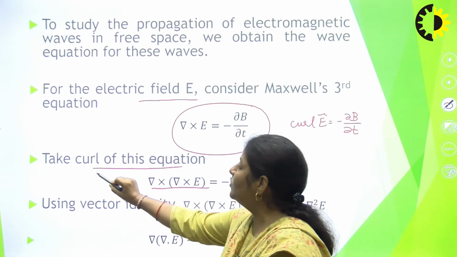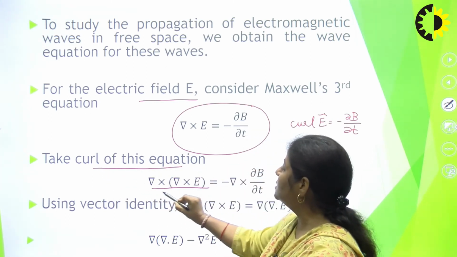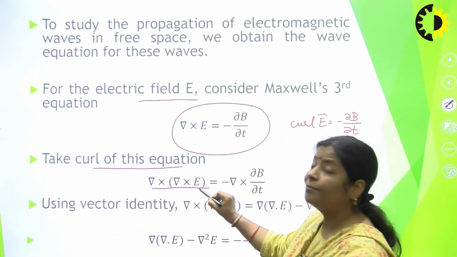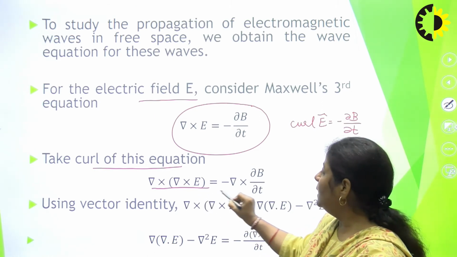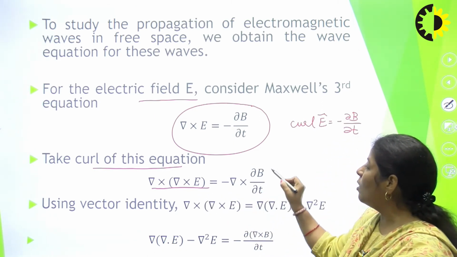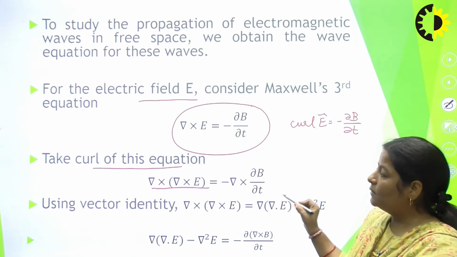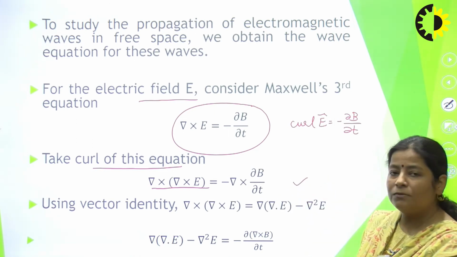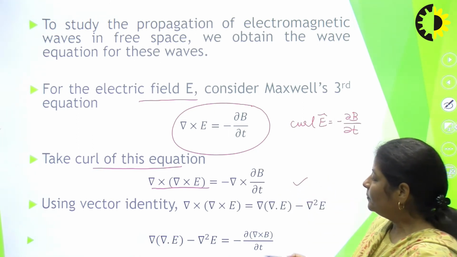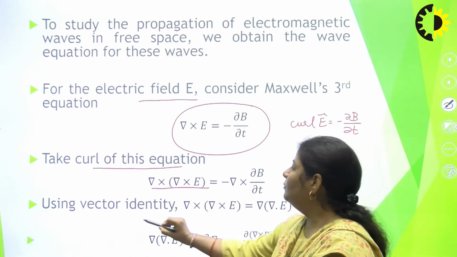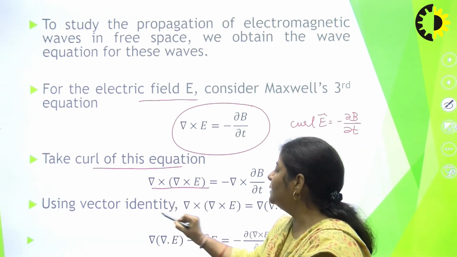Now, the next step: we take the curl of this equation. So it becomes curl of curl of E, equal to minus curl of del B by del t. This is the equation we are now getting. Next, we solve this using a vector identity.